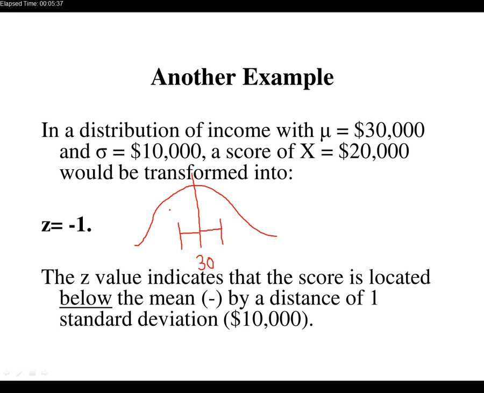Here's the negative side. So 10,000 is going to be one standard deviation. One standard deviation below. Here's one standard deviation above, and so it's a standard deviation of 10,000. So the z equals -1.